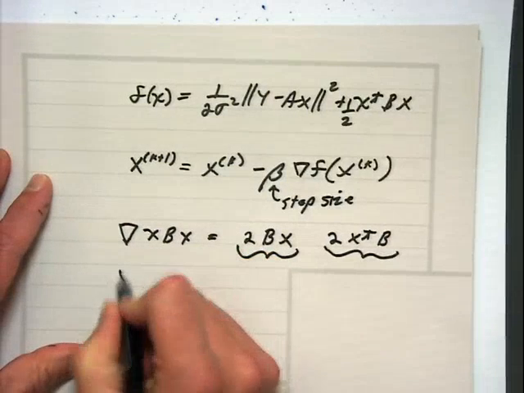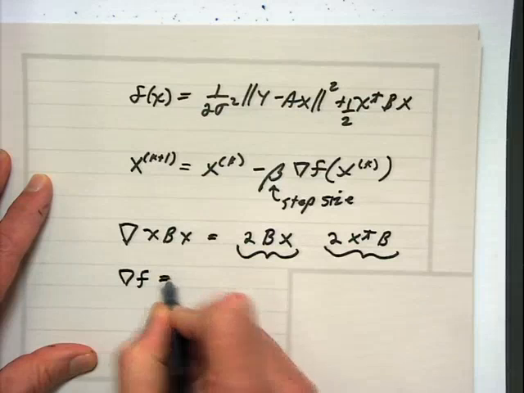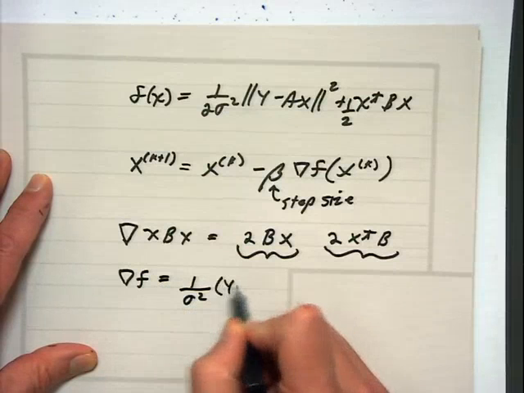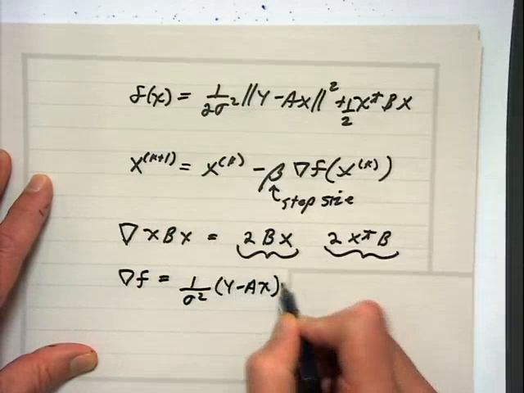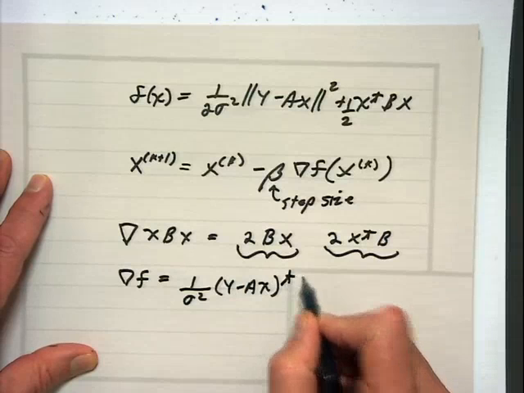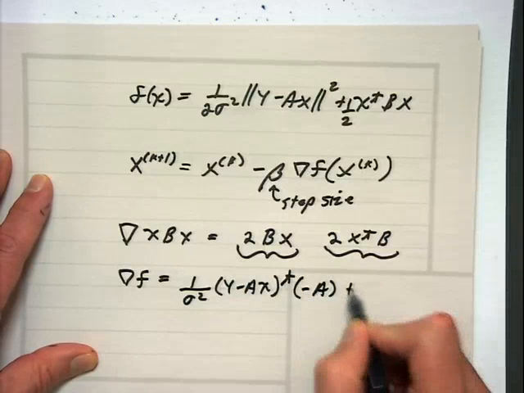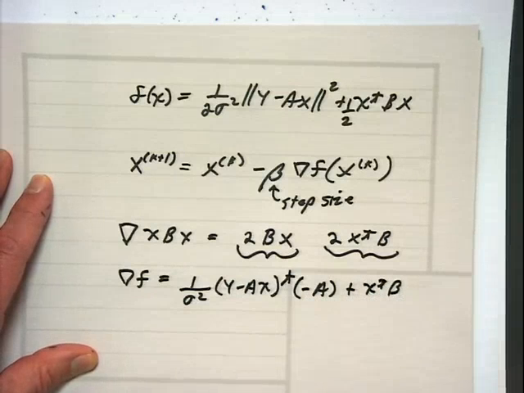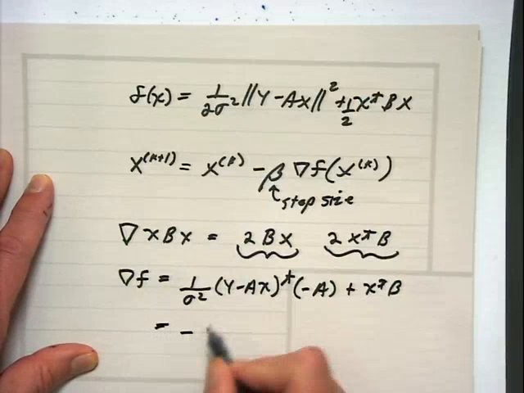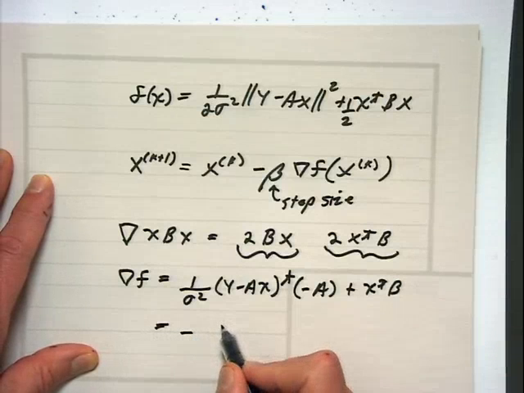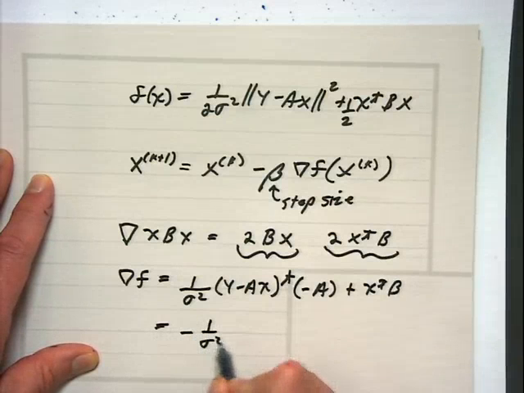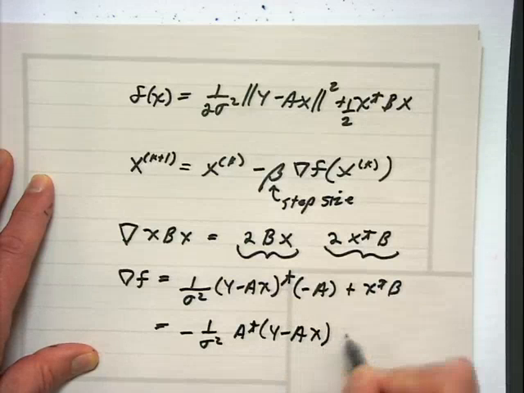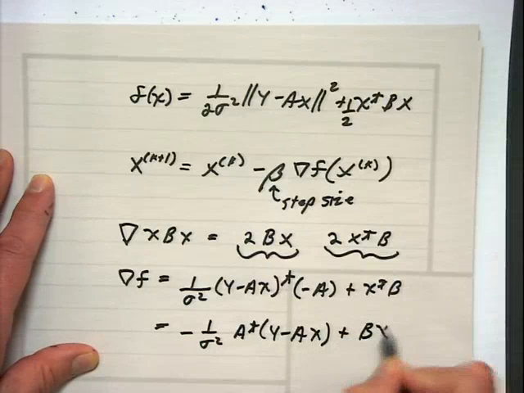So the gradient of f is going to be equal to 1 over sigma squared times (y minus Ax) transpose, times minus A, plus x transpose D. So this whole thing is going to be minus 1 over sigma squared A transpose (y minus Ax), plus Dx.